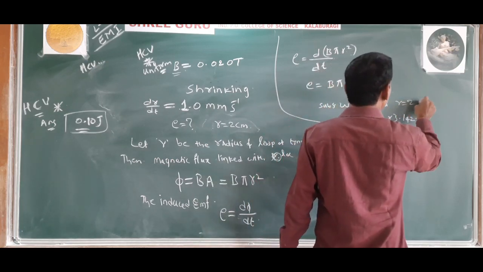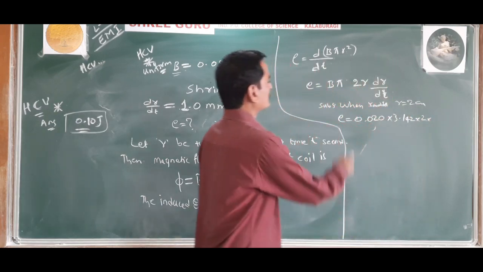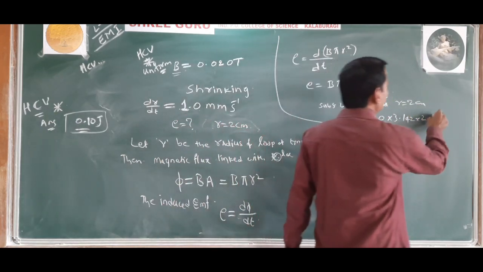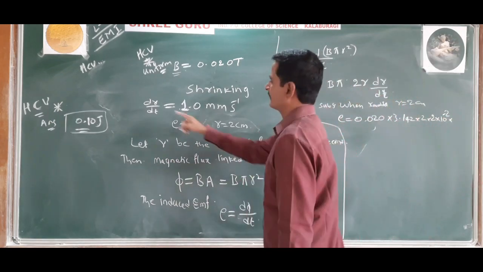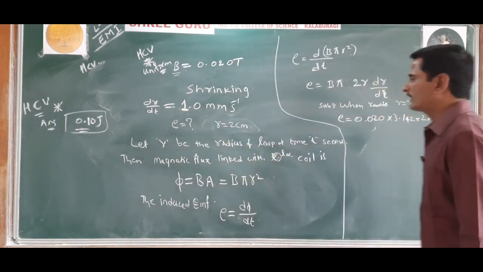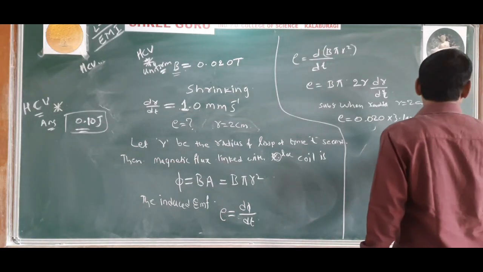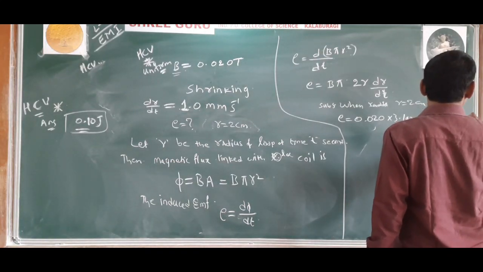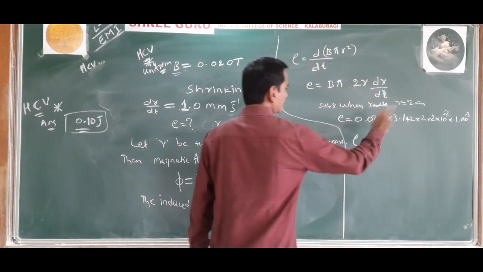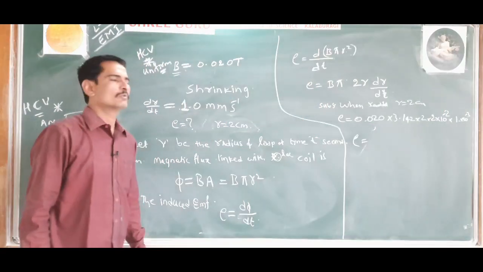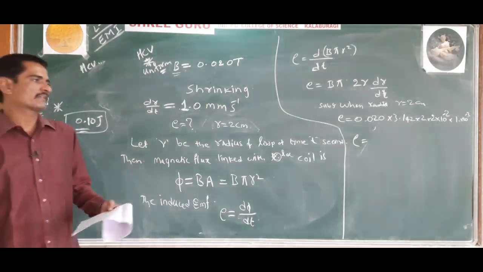So r is equal to 2 centimeter. That means you have to substitute r as 2 into 10 to the power minus 2, and dr by dt, that is the rate of change of radius, is 1 millimeter, that is 10 to the power minus 3 meter per second. So now simplify this and you will get the answer in volt.